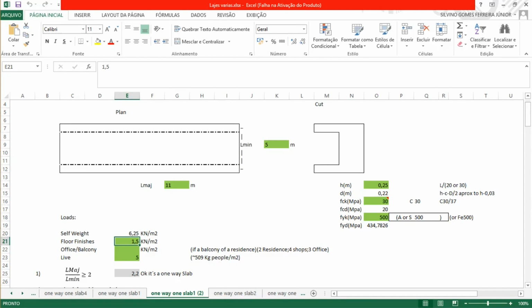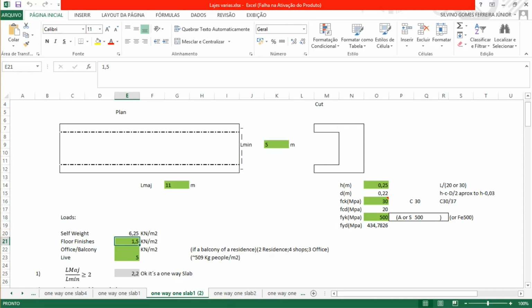For floor finish we're gonna consider 1.5, and we're gonna consider a live load of 5, that is about 509 kilos. If we think this is people, it means in a square meter we have 509 kilos per square meter.